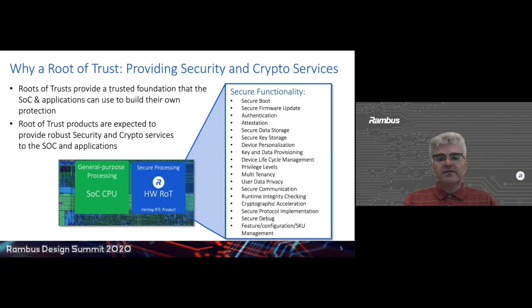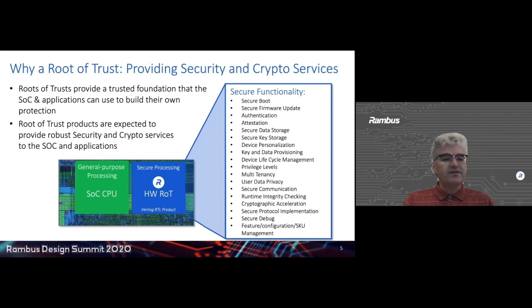You can expect a root of trust to take care of securely booting itself, if it's programmable. You definitely should expect that the root of trust would help securely boot the SoC CPU's firmware. Same for firmware update, authentication of applications, attestation of the system itself at regular time intervals.